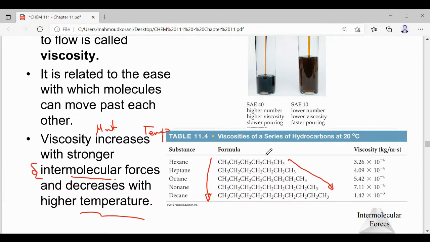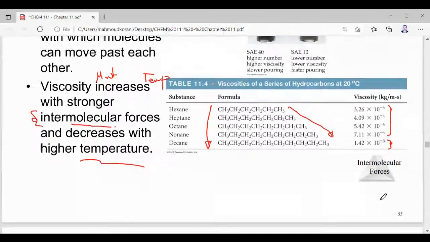So you could imagine the intermolecular force increases from top to bottom. So you could conclude that the boiling point increases from top to bottom. So the viscosity depends on the intermolecular forces.